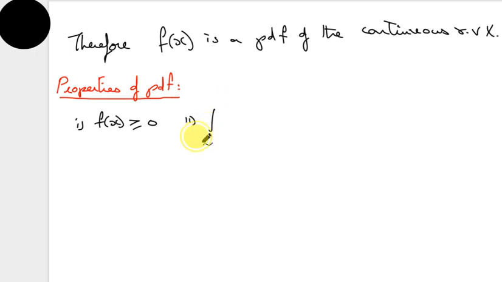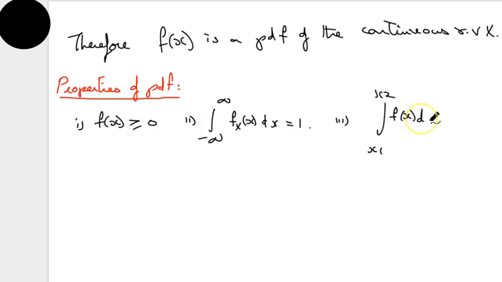Number 2, integral minus infinity to infinity f of x dx equals 1. Number 3, integral x1 to x2 of f of x dx, whether I write fX of x or f of x, it doesn't matter, is nothing but the probability of x1 less than x less than or equal to x2. Then we also know that x1 less than or equal to x less than x2 is also the same as this.